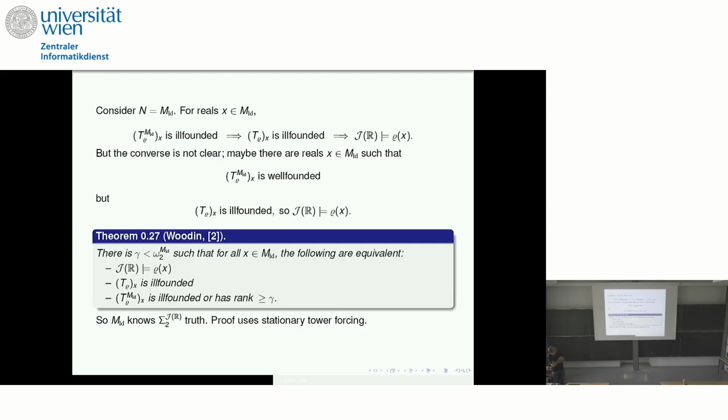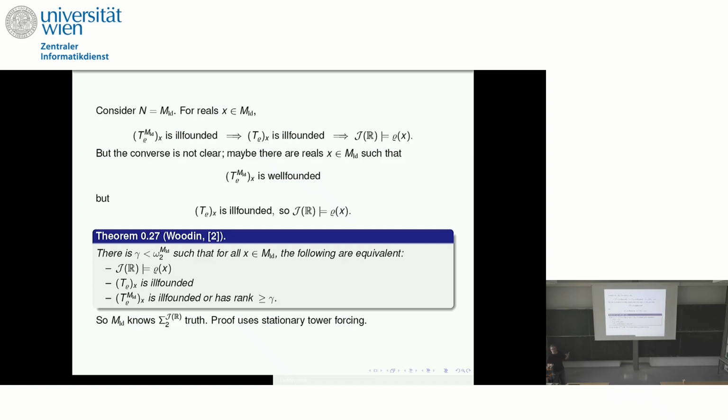Okay, so now we want to consider this for N is M_ladder. If I've got any real in M_ladder, we know that M_ladder's version of the tree, which is again some subtree of the true one, if that's ill-founded, then certainly that embeds into the true tree at x. If the section at x is ill-founded, then the true tree's section at x is ill-founded, therefore J_R satisfies rho(x).